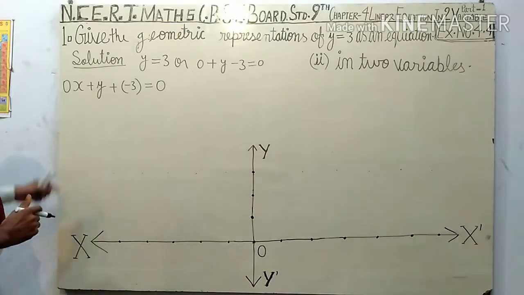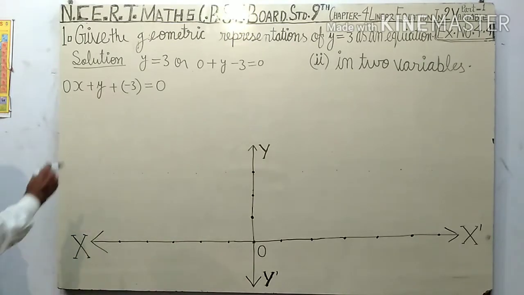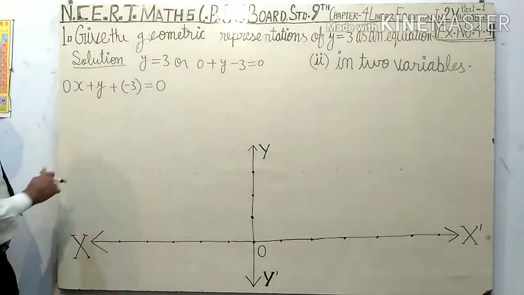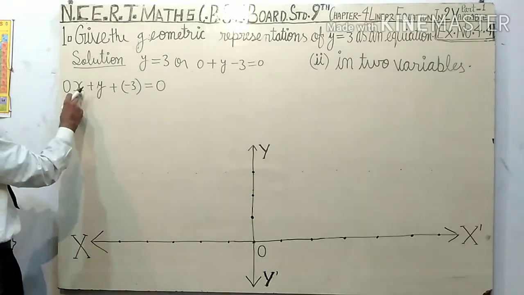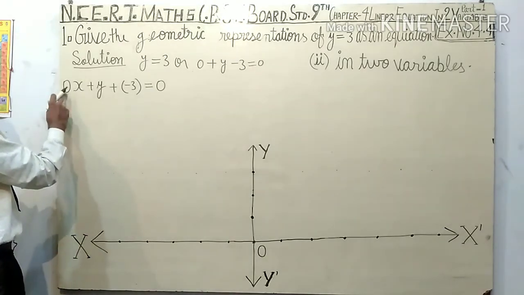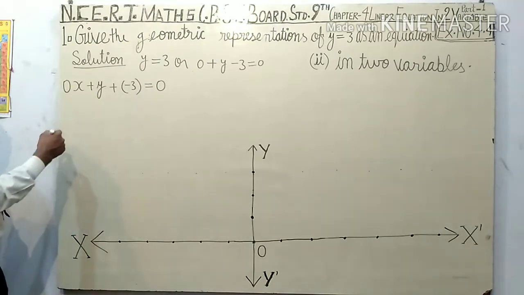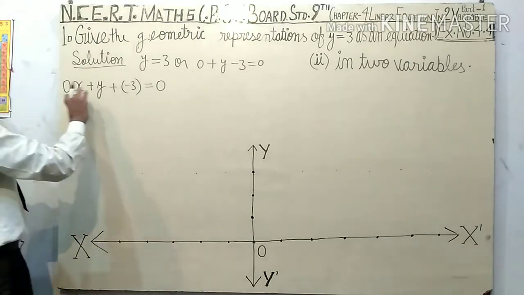Students, we can see clearly that x has no existence at all because the coefficient of x is 0. So every value of x will satisfy the given equation.